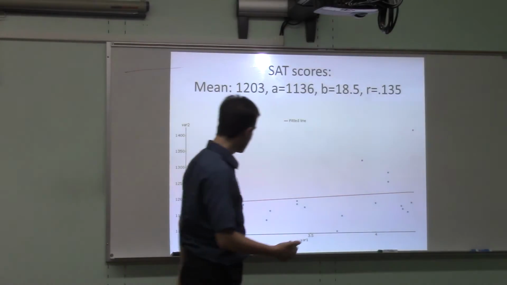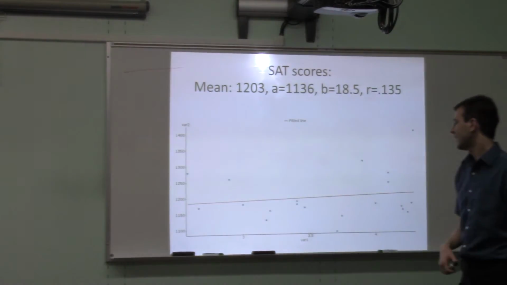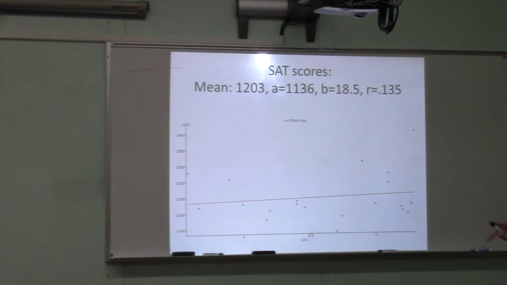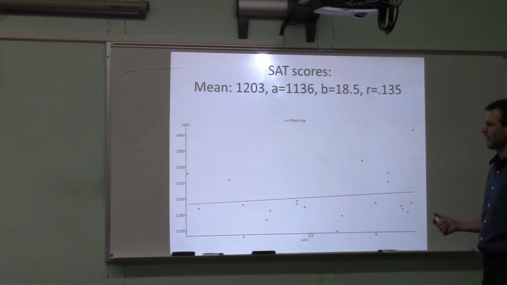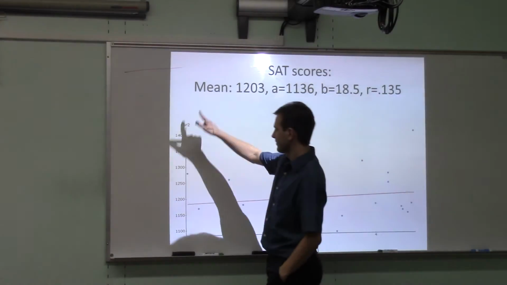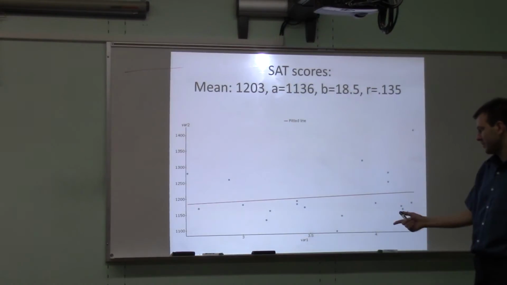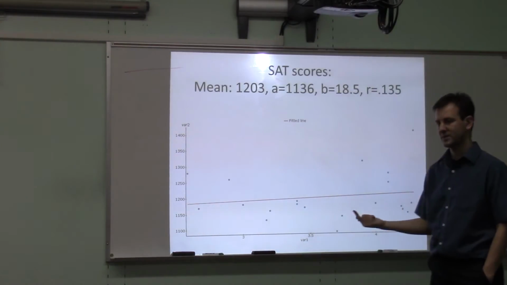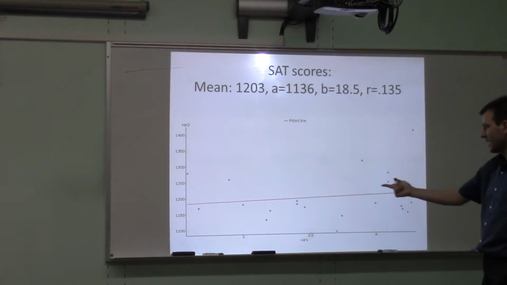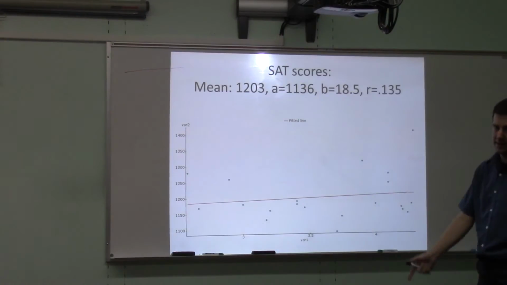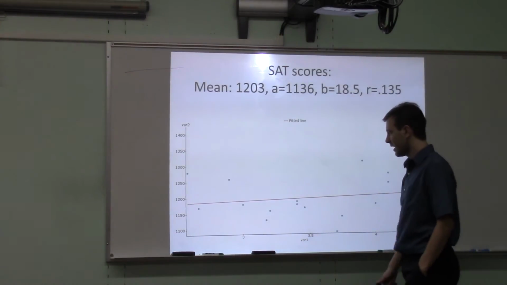So here's the data from our class, comparing SAT scores and GPAs. Specifically, GPA is the explanatory variable and SAT score is the response variable. And you see our line is pretty shallow, right? It's not particularly steep.